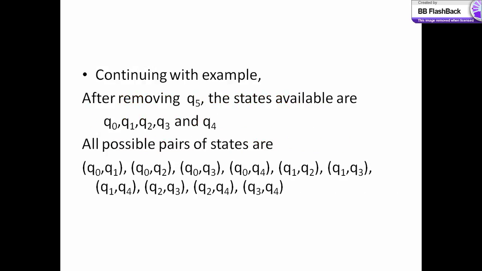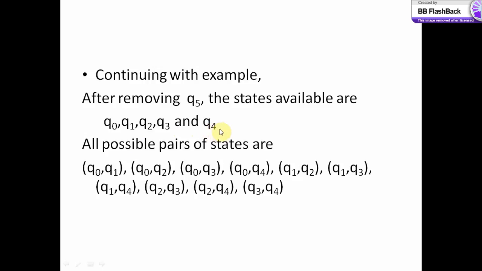So let's continue with the given example. After removing state Q5, which is an inaccessible state, the states available are Q0, Q1, Q2, Q3 and Q4.